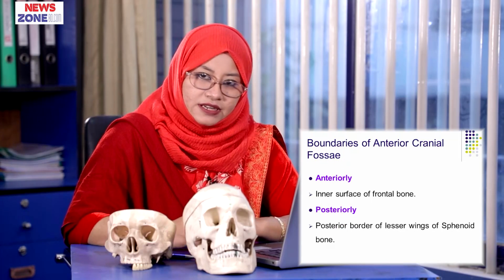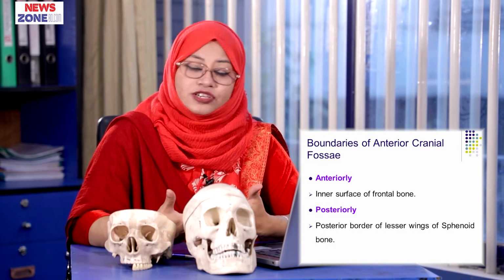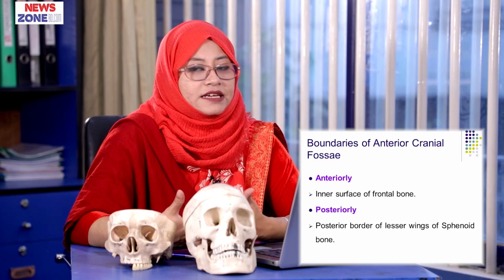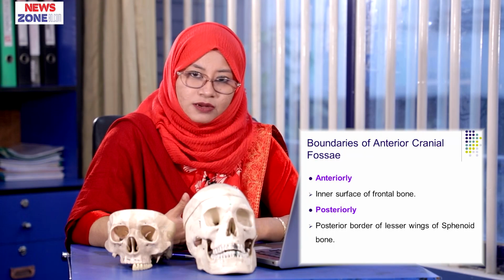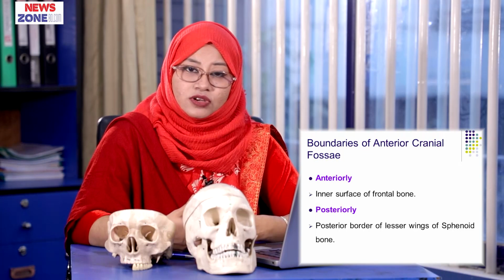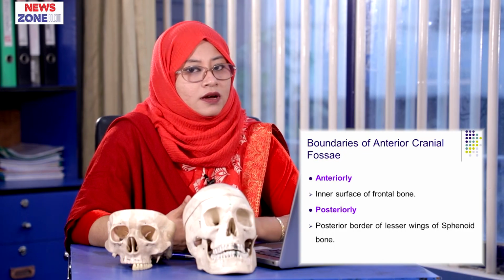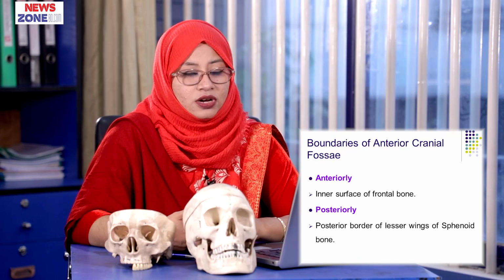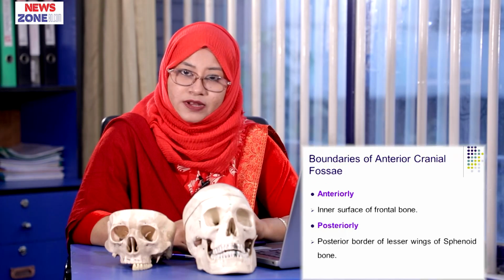Now, let's go through the boundaries and contents of these cranial fossae. First of all, the boundary of the anterior cranial fossa. Anteriorly, it is bounded by the inner surface of the frontal bone, and posteriorly, it is bounded by the posterior margin of the lesser wing of the sphenoid bone.